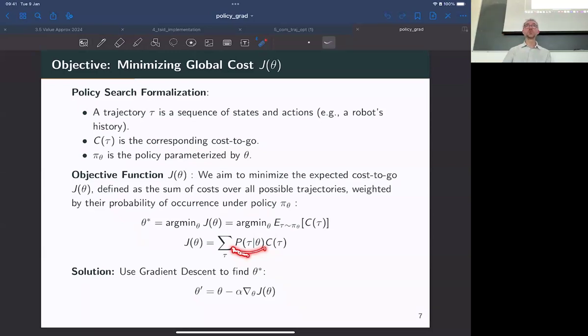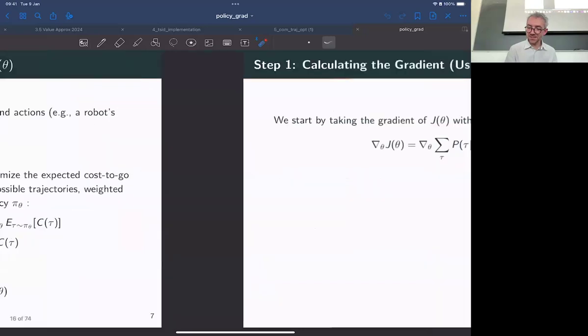So we cannot compute that probability in closed form. And so intuition would suggest that we cannot compute its gradient. At first sight, it should seem like something that cannot be done. Of course, I'm going to show you that it can be done, but it's not trivial at all that it can be done.